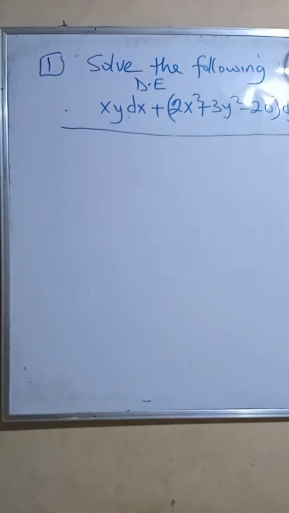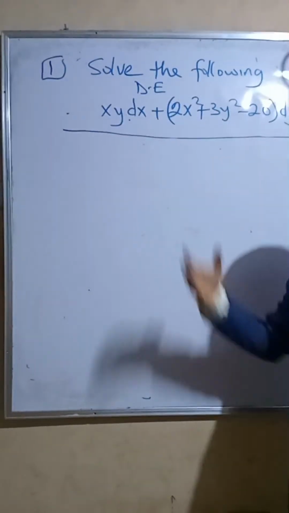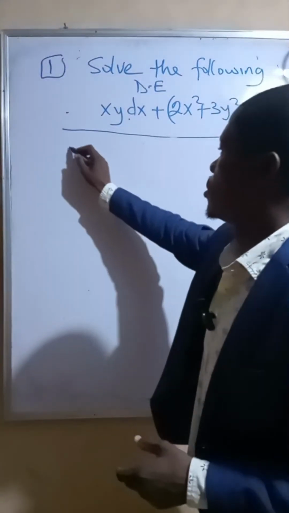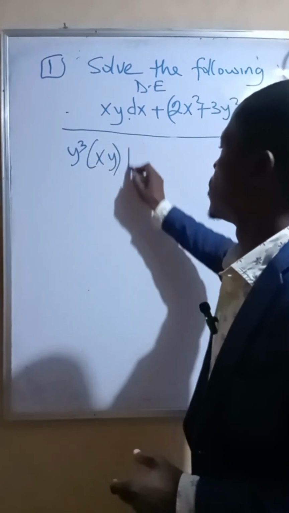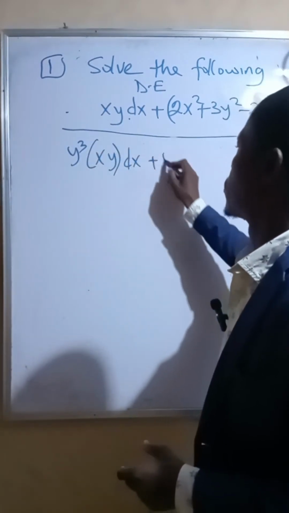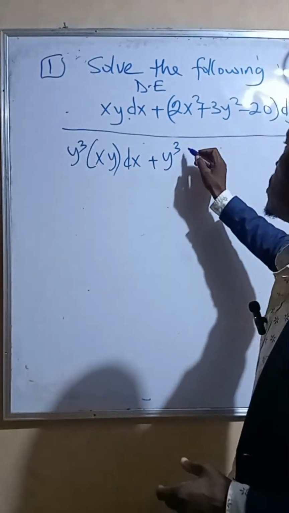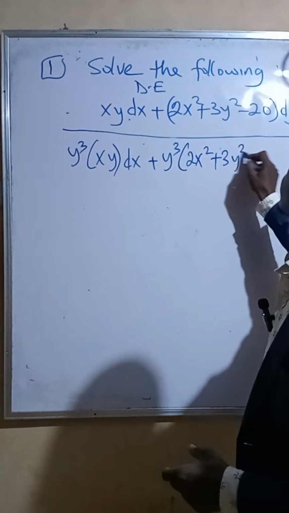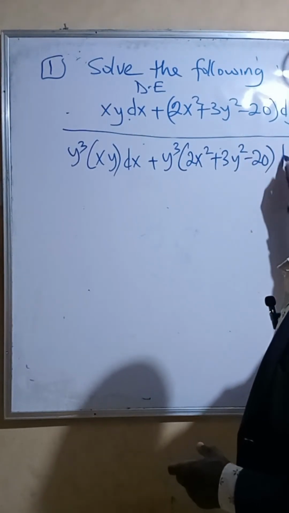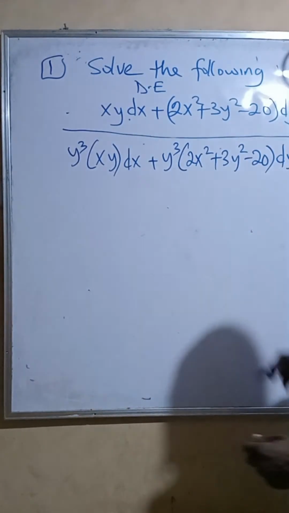So use your integral factor, which is y cubed, to multiply the given differential equation. So that will be equal to what? That will be equal to y cubed times this one, the xy dx, then plus y to the power 3 times (2x squared plus 3y squared minus 20) dy equal to 0.